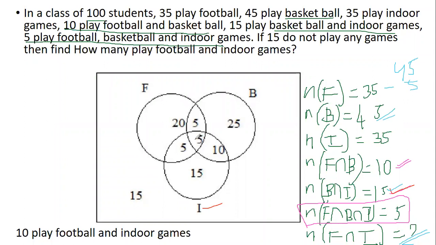All the 3 games they are playing, so I will remove that also. Then there are 10 people who play basketball and indoor game. I'll remove that 10 also. So what is remaining? 40, 35, 25. So I get 25 people who play only basketball.